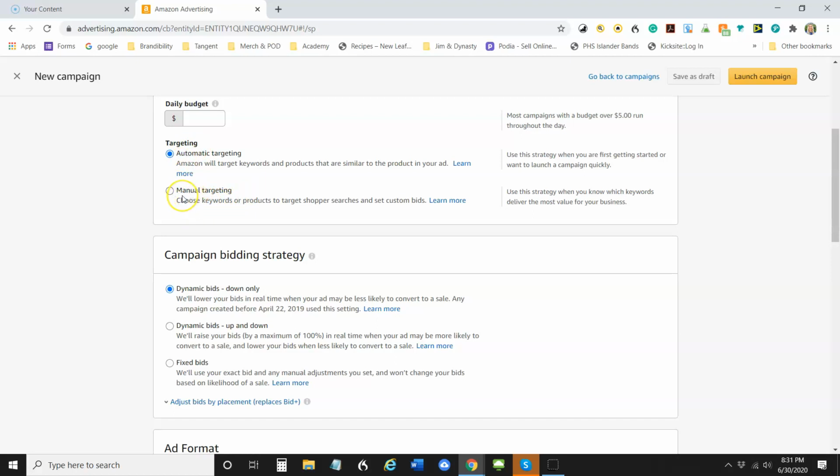And for manual, I look up long tail keywords, things that I think in particular will sell for my book. It could be other products, like those "people who buy this also buy this" listings. So I try and find books, titles, authors, that sort of thing, that I think the same customers would be interested in my book.